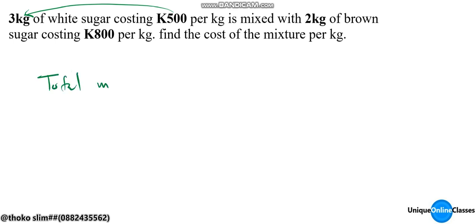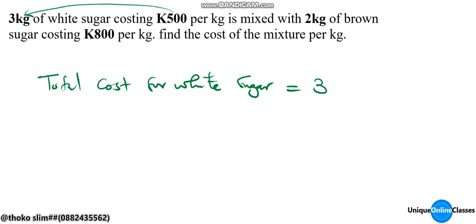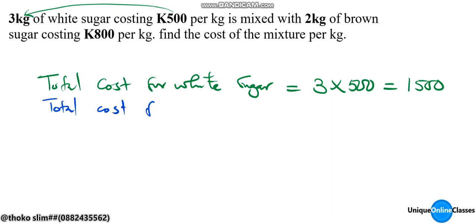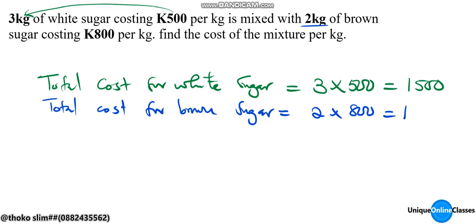total cost, I should write total cost for white sugar: that's 3 times 500, which is 1500. And for brown sugar, total cost for brown sugar, that's 2 kgs times 800, so the answer is 1600.